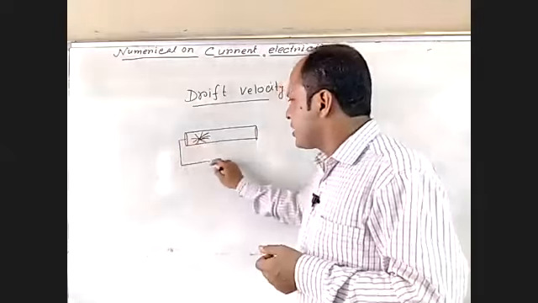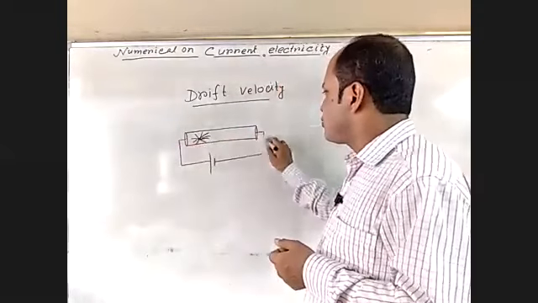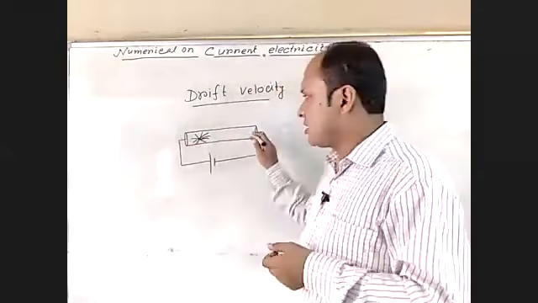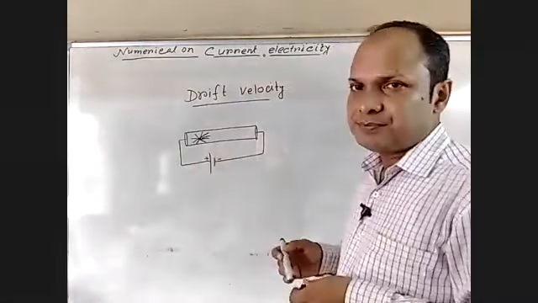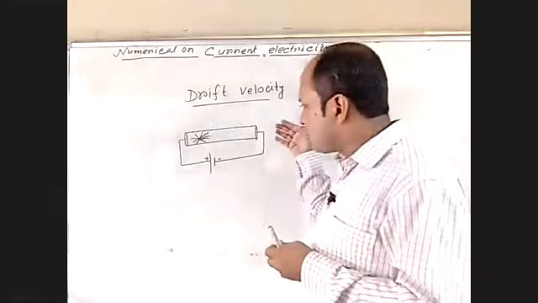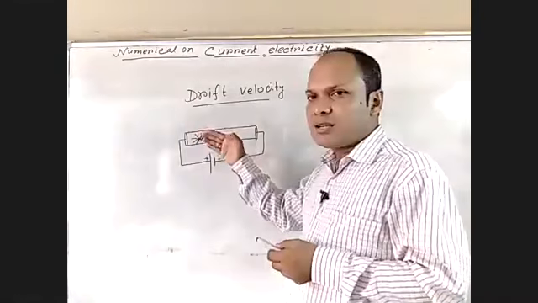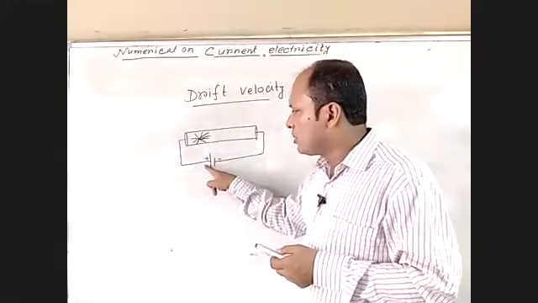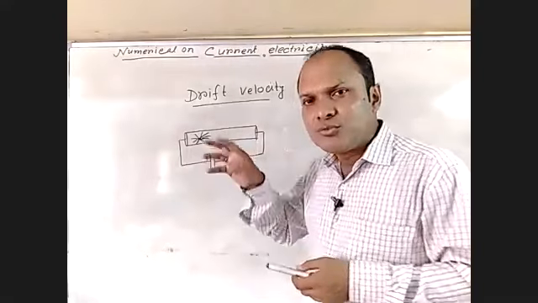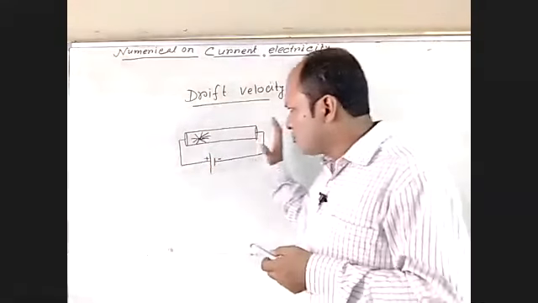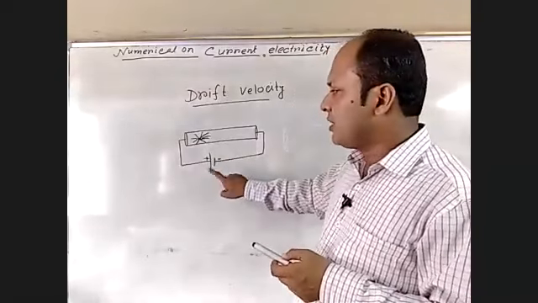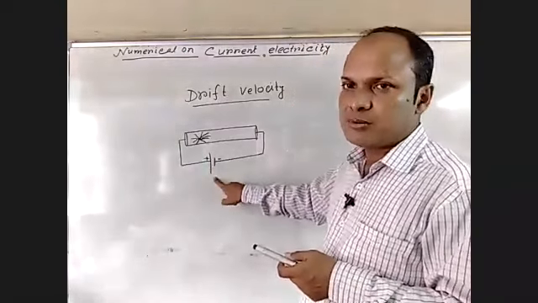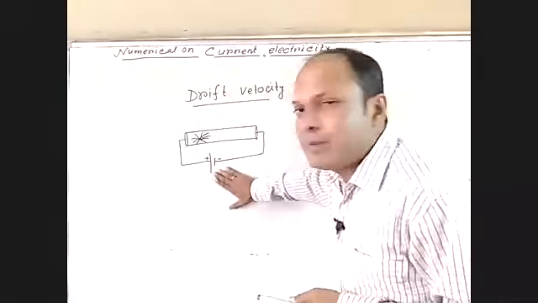If you connect a cell across the two ends of the conductor, then the electrons will be in motion towards the positive pole of the cell. They will try to move in a particular direction as an external field is applied across the two ends of the conductor by connecting a battery or cell.